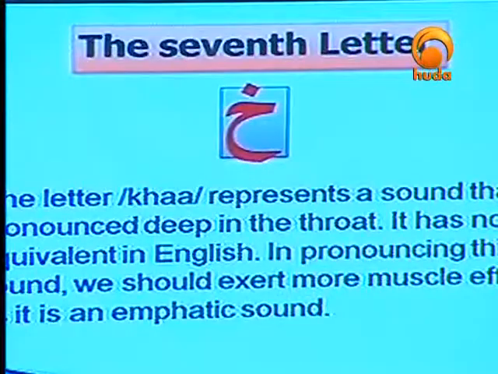It says that the letter kha represents a sound that's pronounced deep in the throat. For kha, it has no equivalent in English. I think that probably can be found in the Scottish or Irish dialects, something like that. In pronouncing the sound, we should exert more muscle effort as it is an emphatic sound.